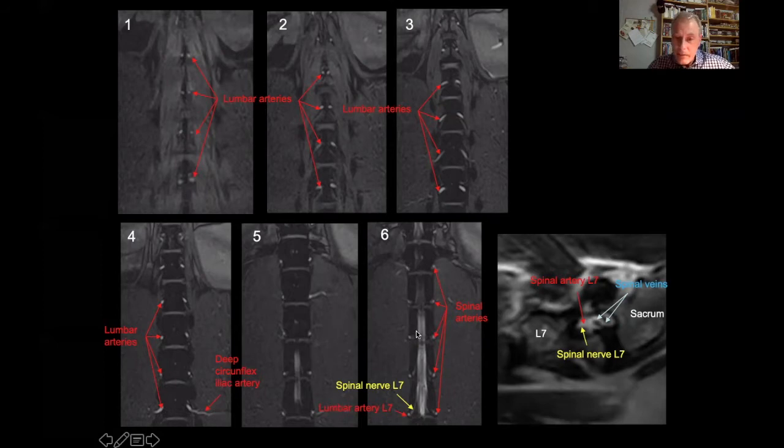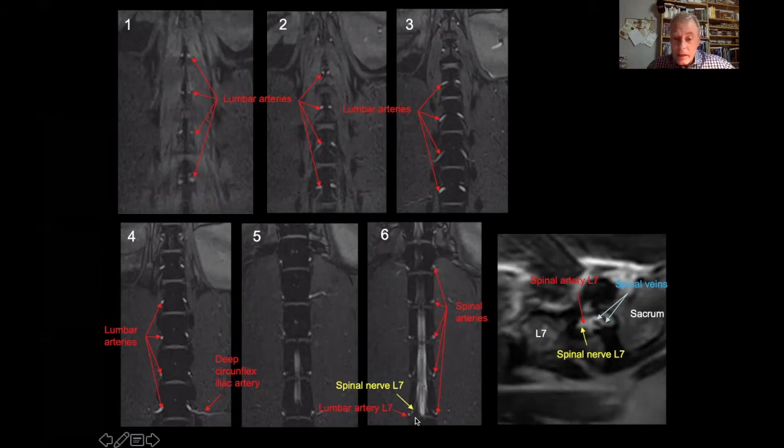And then as we progress, in these angiographies, it is very, very difficult to identify the arteries that are running inside the vertebral canal.